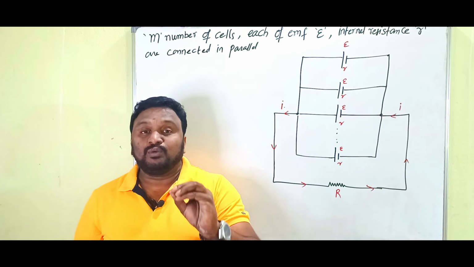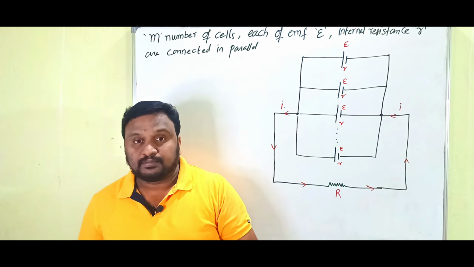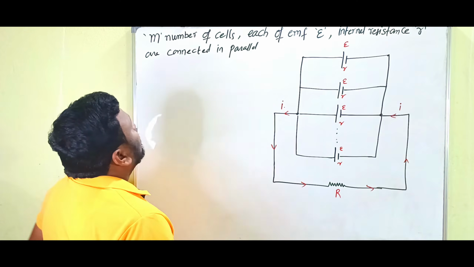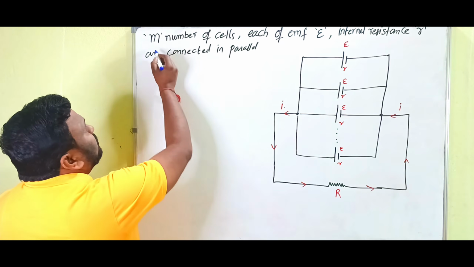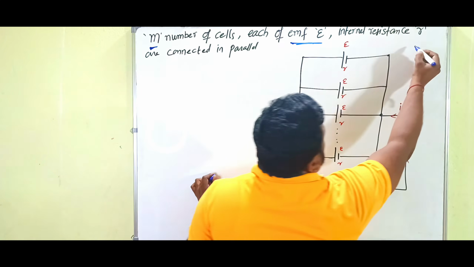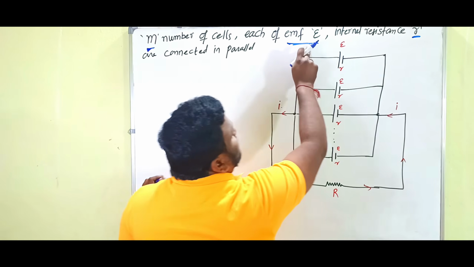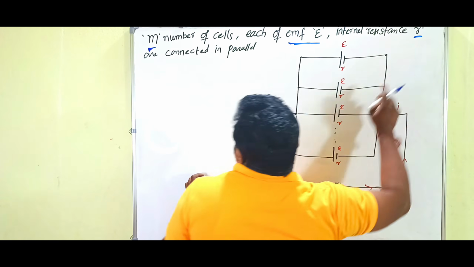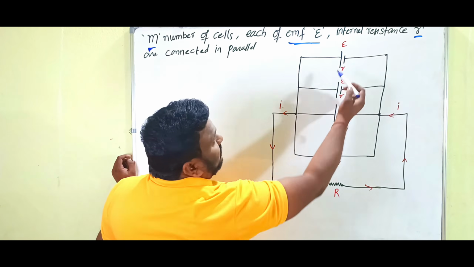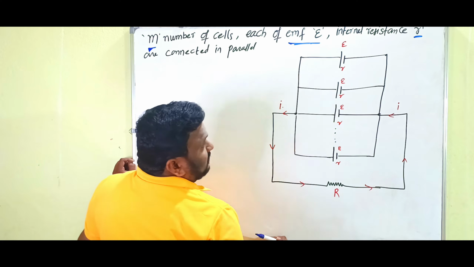We already discussed how the connections are in parallel combination. Here we take m number of cells, each of EMF epsilon and internal resistance r, connected in parallel. Here is the first cell, second cell, third cell, and this is the mth cell.